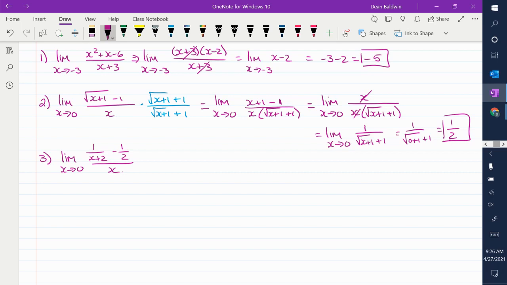One over x plus 2 minus 1/2, all over x. What do you always try to do first? Well, plugging in is always your first option, but you can't do that. Then you'd look at it. Could you factor this? You can't factor it. It's not really a polynomial. And there's no square root, so you can't do that.